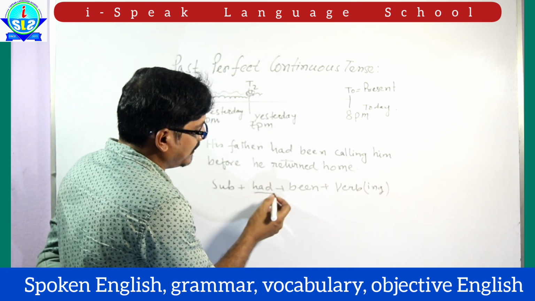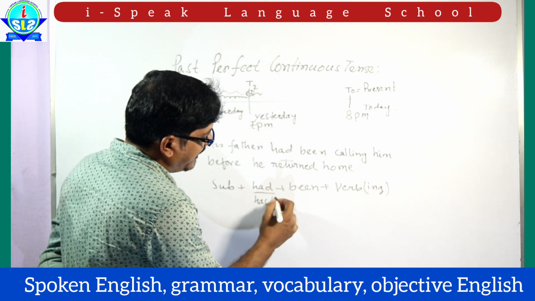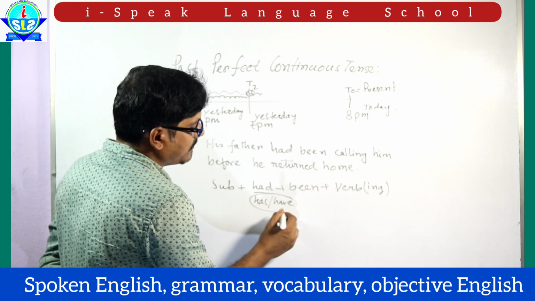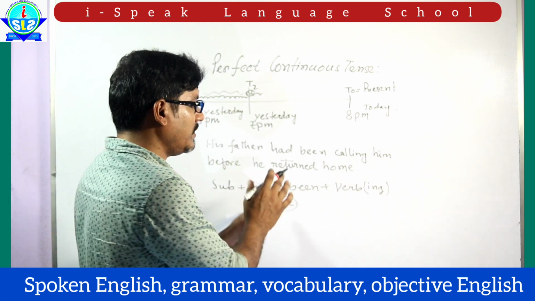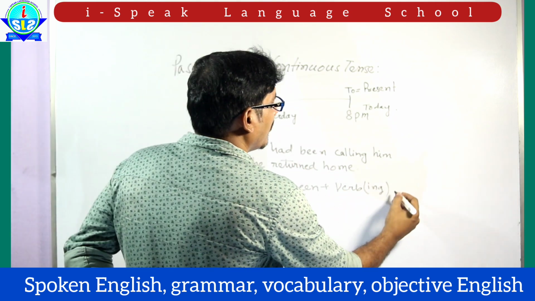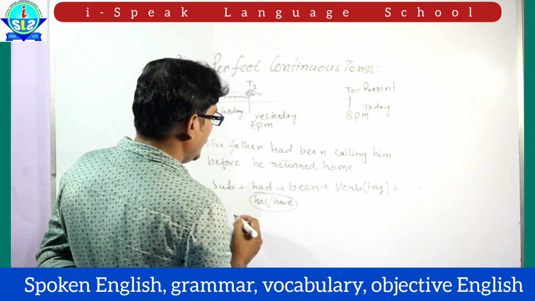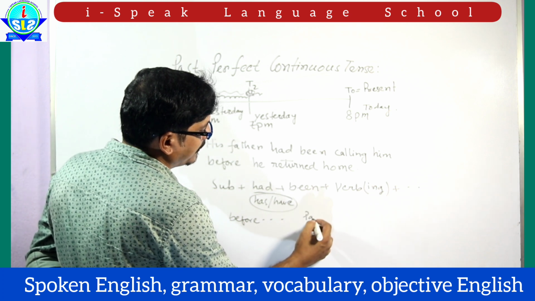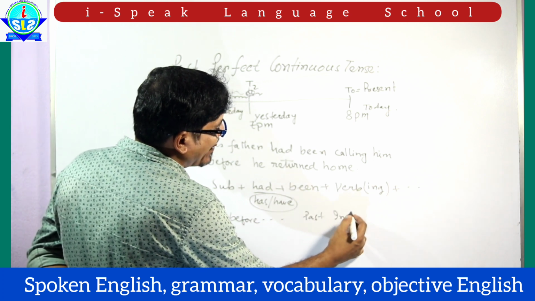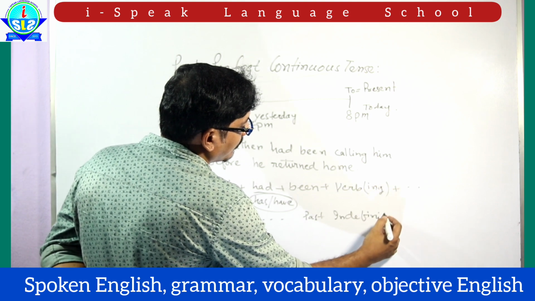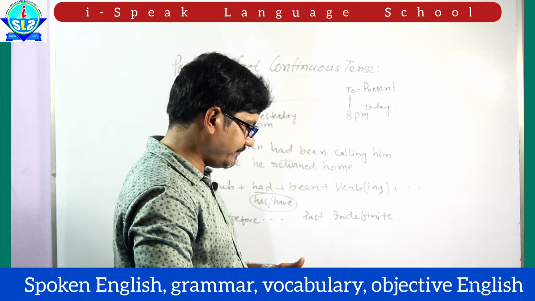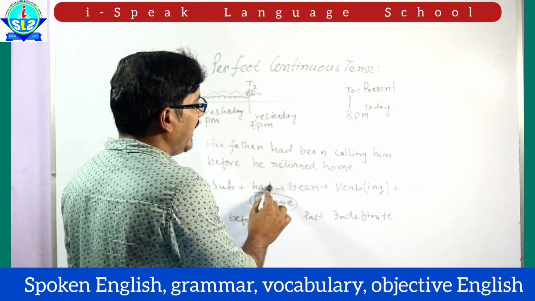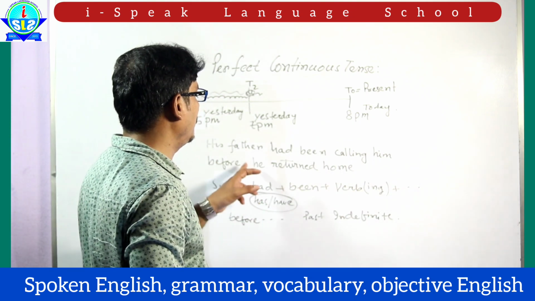In present perfect continuous tense, here it is has or have. Only this was the change, otherwise same. Then another part is the before or after part, where another past indefinite tense is used. That means subject, had, been and verb.